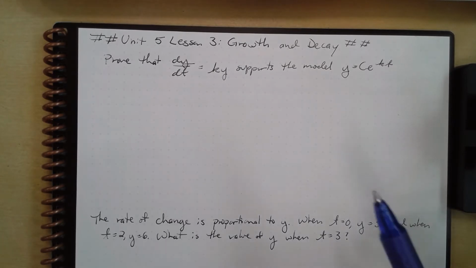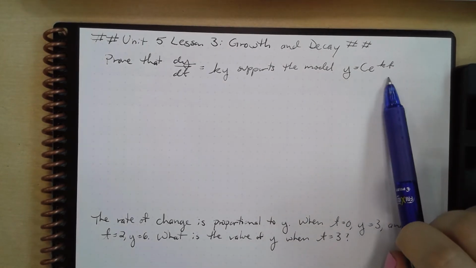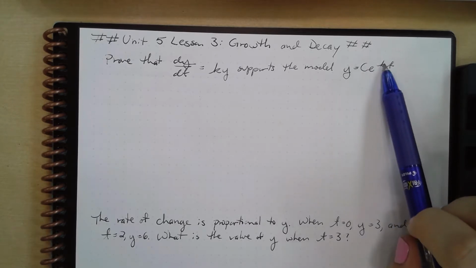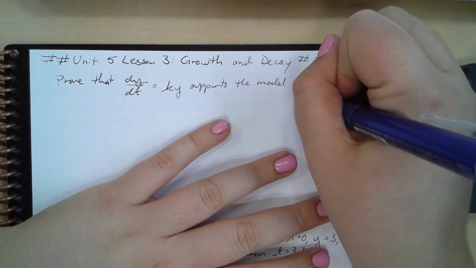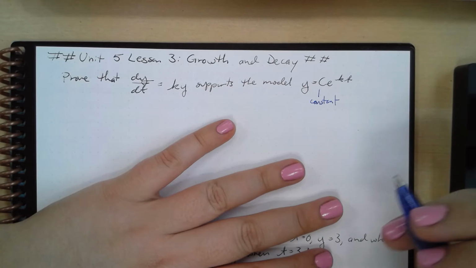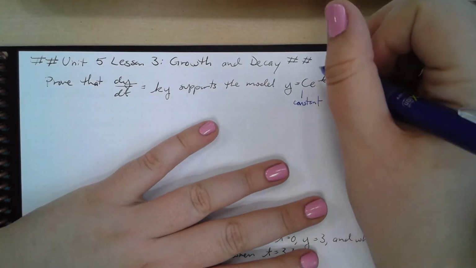So we actually have a model for exponential change. It's y equals ce to the kt, where k is the constant of proportionality. So I should probably say that c is the constant, just not the variable. I keep saying that, but that's not what I mean. Just the constant, like the number, the initial amount.